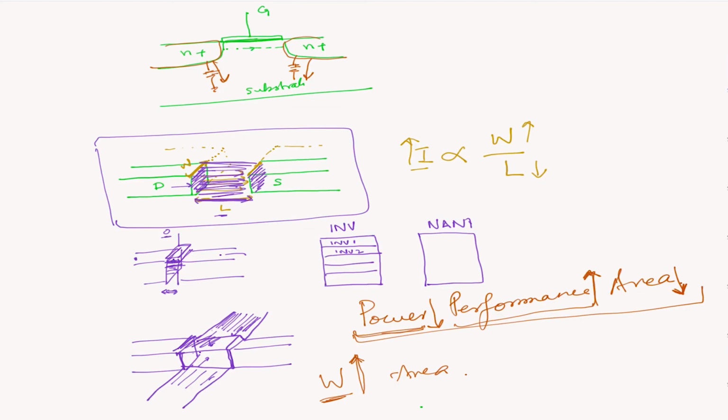So we have all these different types of standard cells in our library, and the job of a synthesis tool, the job of a physical design optimization tool, is to pick the right standard cells in such a way that we meet our desired objective of power, performance, and area.